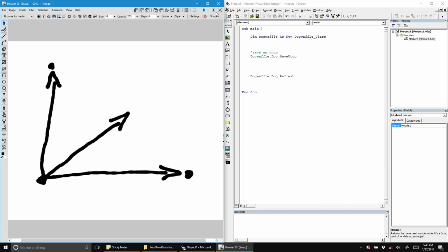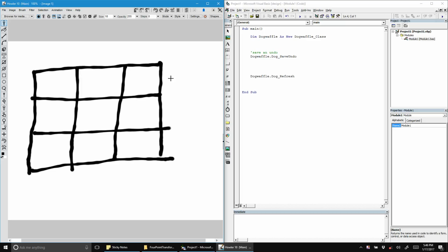So let's go back here and look at this structure. We're going to fill this structure out with these 3 vectors. There's vector 1, vector 2, and vector 3.